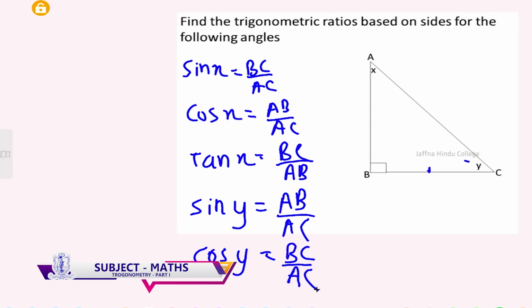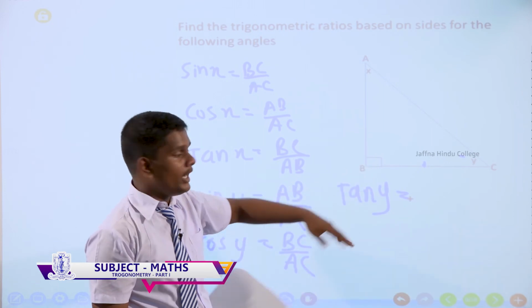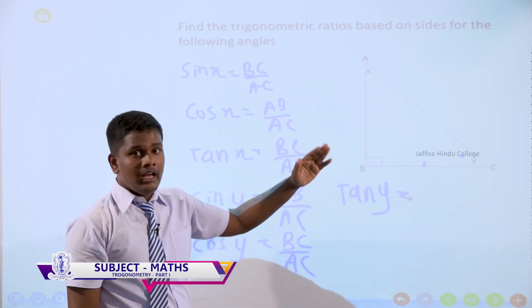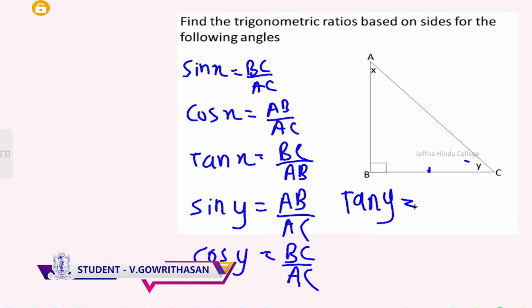Then write the tan value of y. Tan means opposite side by adjacent side. Opposite side is AB and the adjacent side BC. So move to the next question.